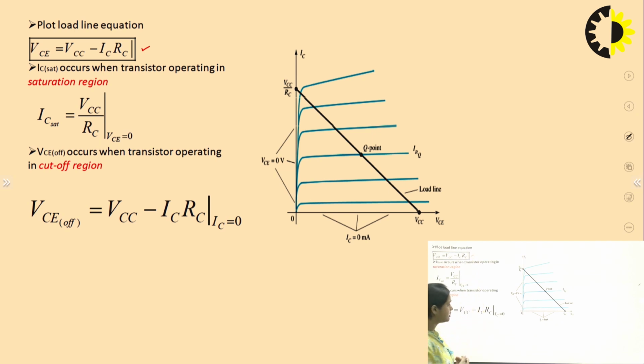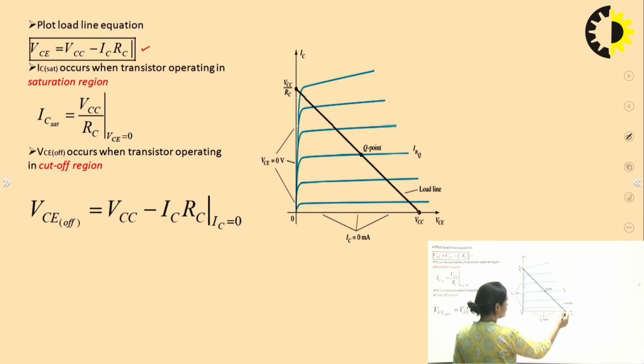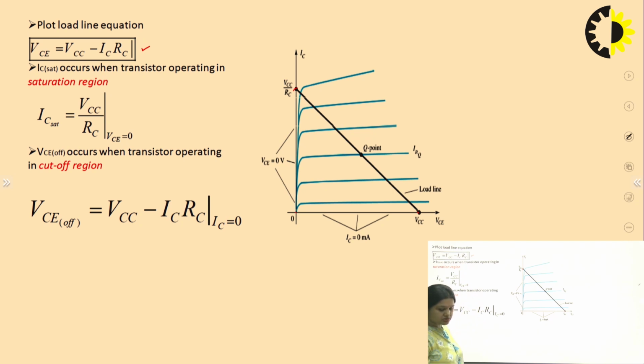If we plot these points, you can see this graph is plotted between output parameters: VCE is the output voltage and IC is the output current. We get the value of IC from this equation, which comes from this diagram.